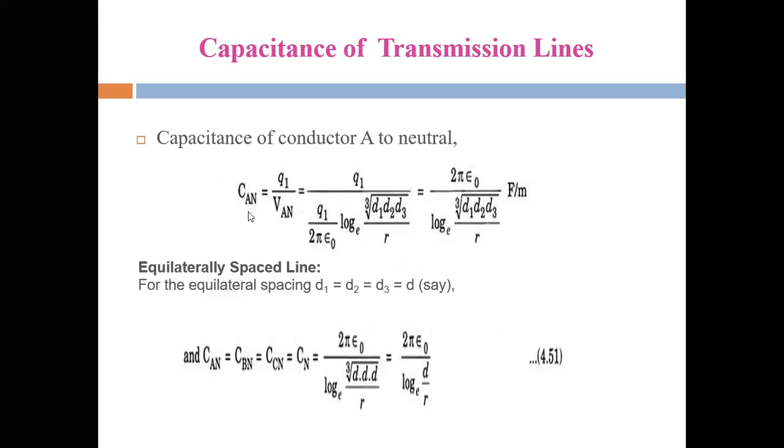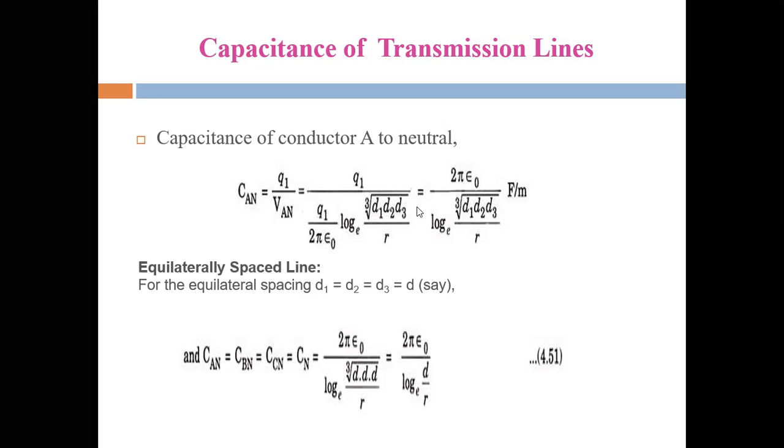Next, we calculate the capacitance value, that is CAN. What is the capacitance formula? That is Q by V. Therefore CAN is equal to Q1 by VAN, which is Q1 by Q1 by 2 pi epsilon naught log e cube root of D1 D2 D3 by r.